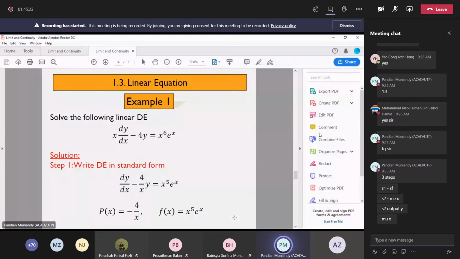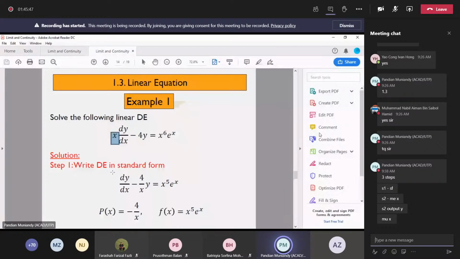You must remember that. So applying this method, example 1: x dy/dx minus 4y equals x power 6 e^x. You see all these are x terms, and then y power 1. But this is not standard form, so you divide by x. dy/dx minus 4y/x equals x power 6 divided by x, x power 5 e^x.